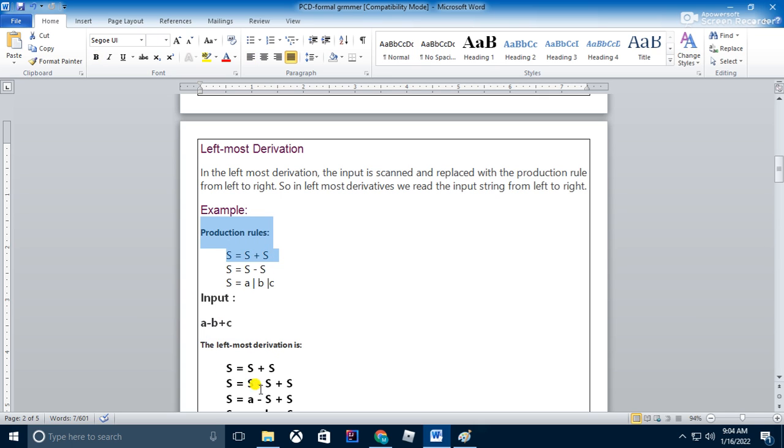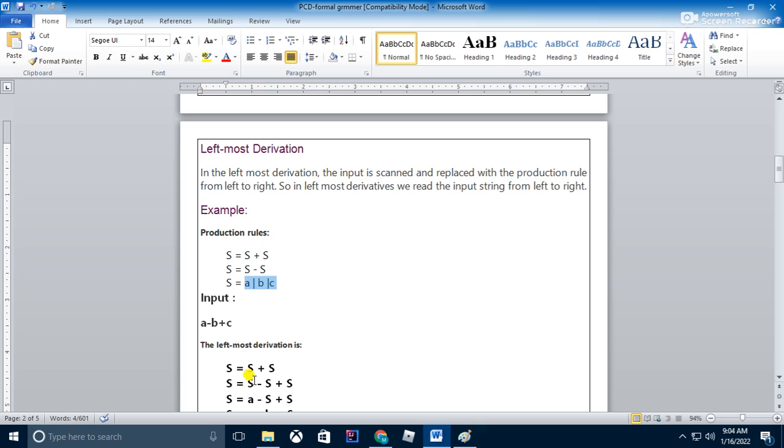By taking the production rule S plus S, this S can be replaced by S minus S, or it can be replaced by the symbol a, b or c.